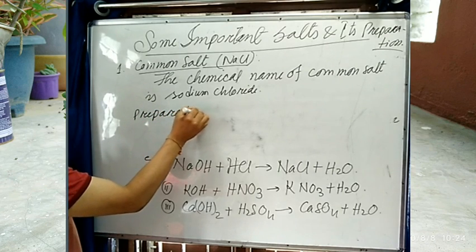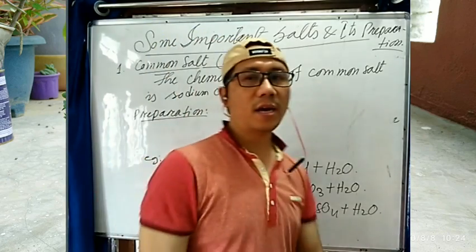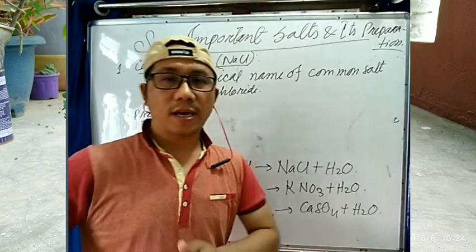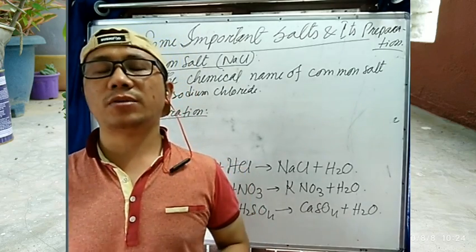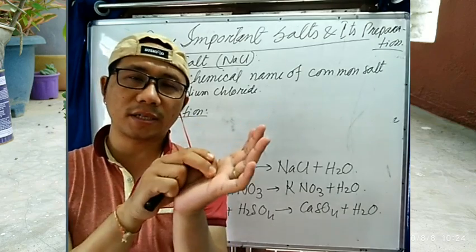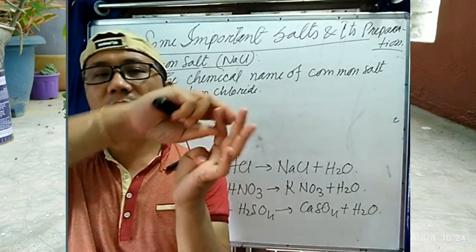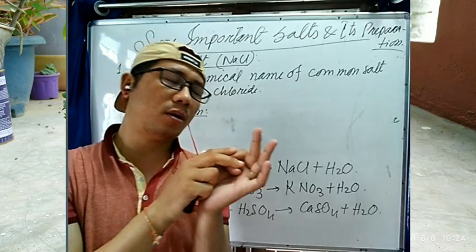Where is it prepared from? In preparation there are two methods. The first one is in the laboratory, where it is prepared by reacting hydrochloric acid with sodium hydroxide. This is for the laboratory process.